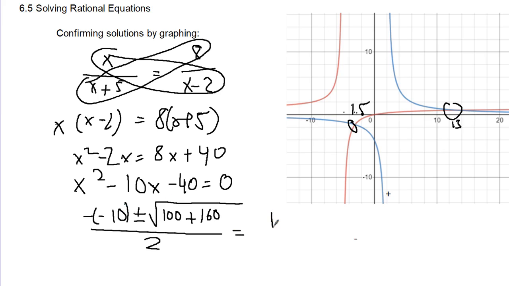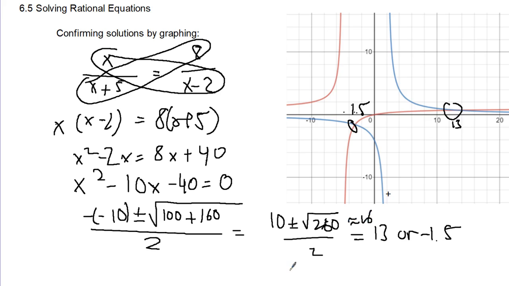This will get you 10 plus or minus square root of 260 over 2, and square root of 260 is roughly 16, about 16, so you'll get 13 or negative 1.5, because that's about 16. You will get 26 over 2.